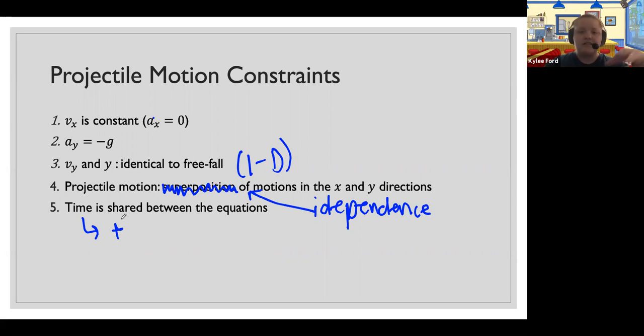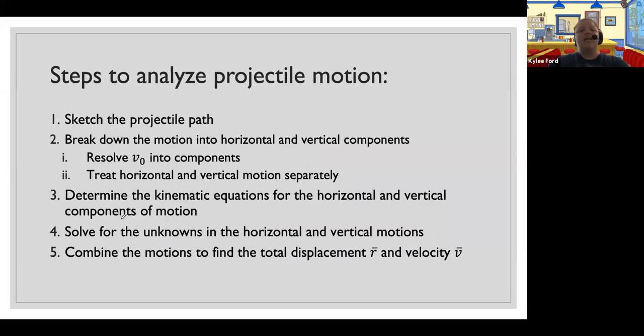That doesn't make any sense in this physical world. So if you ever get those two different answers, a positive and a negative, throw out that negative, because time is always positive. Now I have a quick thing on how to analyze projectile motion, so some steps.